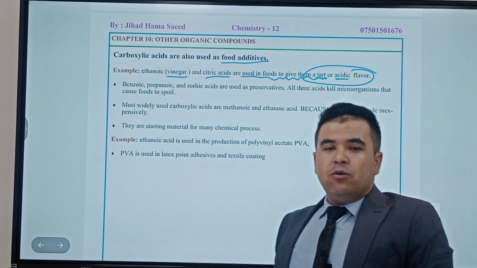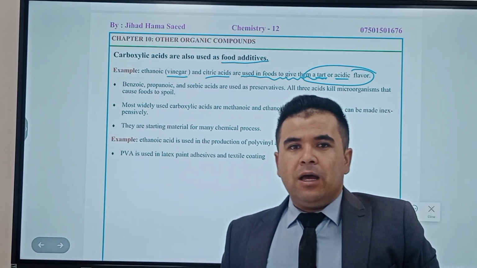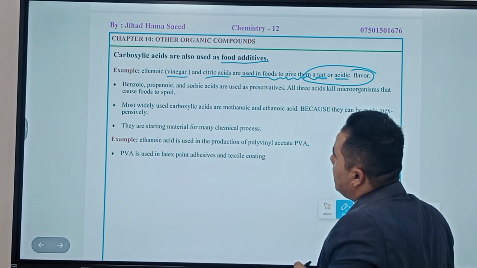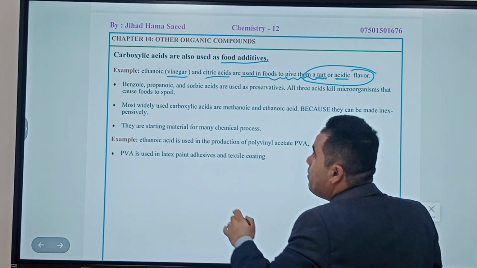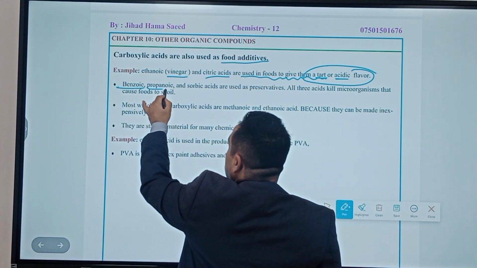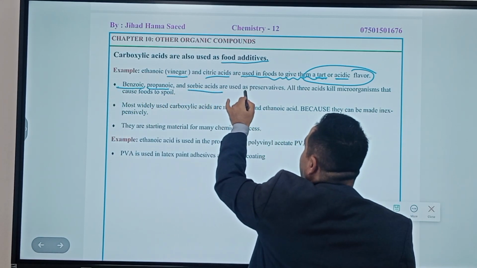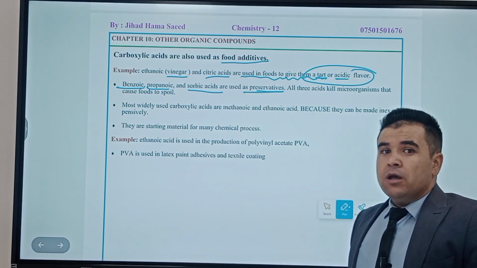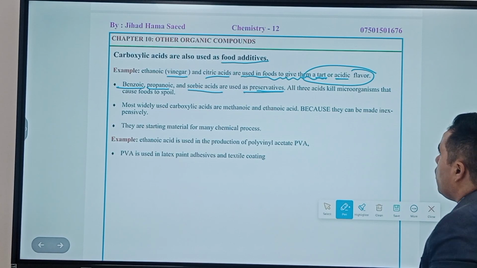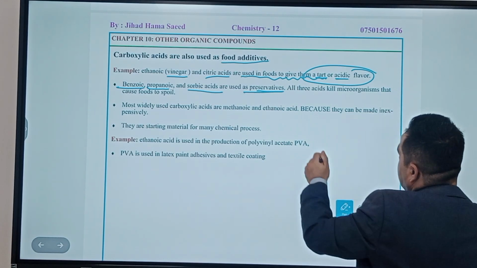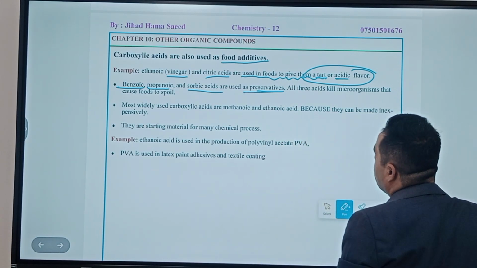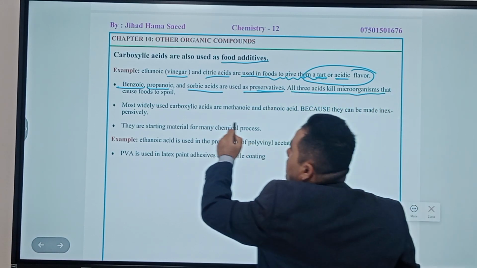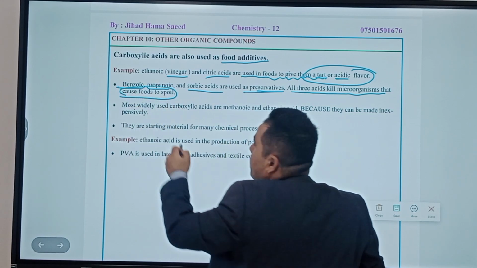Benzoic, propanoic and sorbic acids are used as preservatives to preserve foods and other organic compounds.